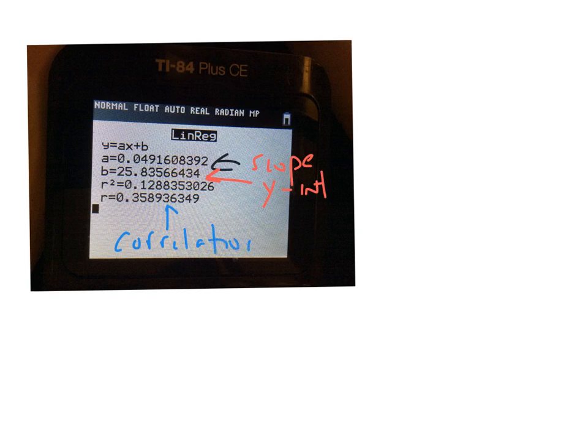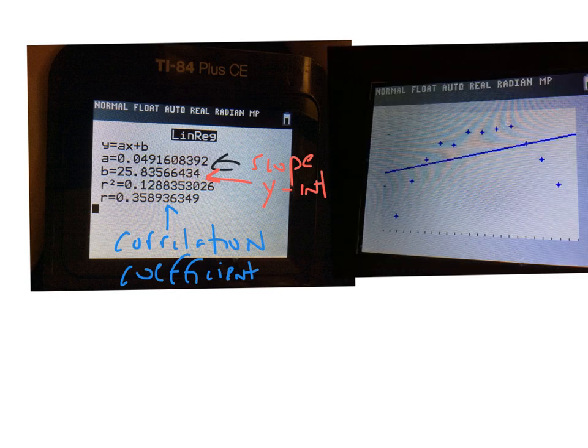It represents how strong of a relationship these two pieces of data have, in this case, the speed of the car and the miles per gallon. Press graph on your calculator and you should see the scatter plot accompanied by the line of best fit. Take a picture of this scatter plot with the line of best fit.